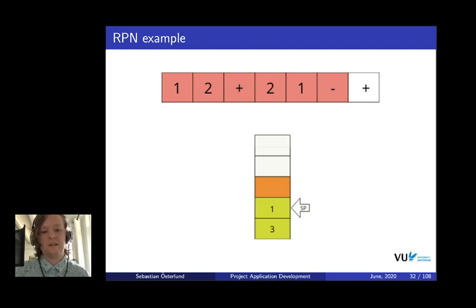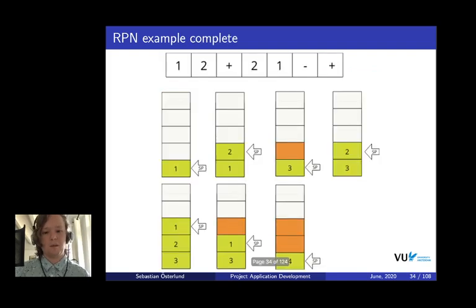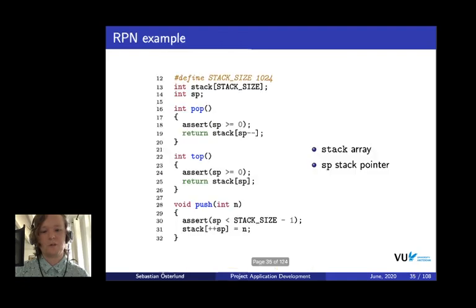And then finally, we read another plus operator, which will simply pop these 2 things from the stack and push the result, which is 4. So fairly simple. Here you can see all the different steps. You can look at this a bit later, I guess, but it's just to give you an example of how an RPN calculator works. So let's discuss how to actually implement a simple calculator that works in this way.